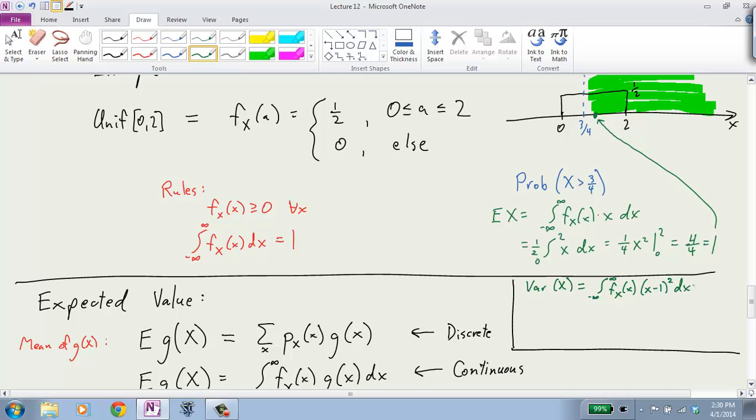Okay. And we again can say that's 1/2 integral from 0 to 2 of x minus 1 squared. Of course, we can do a change of variables if we like.